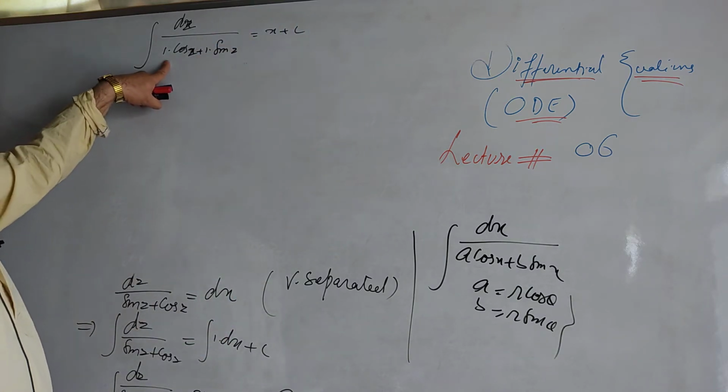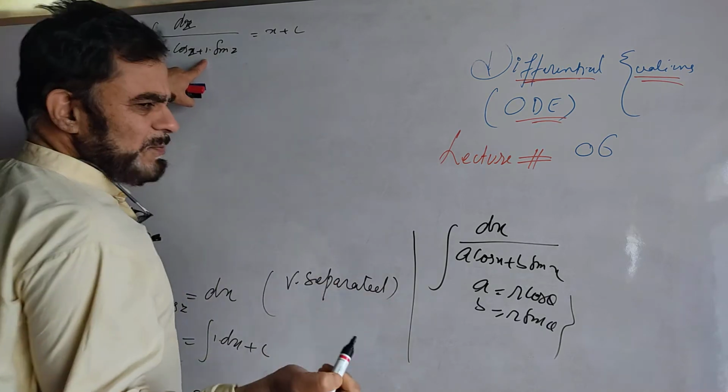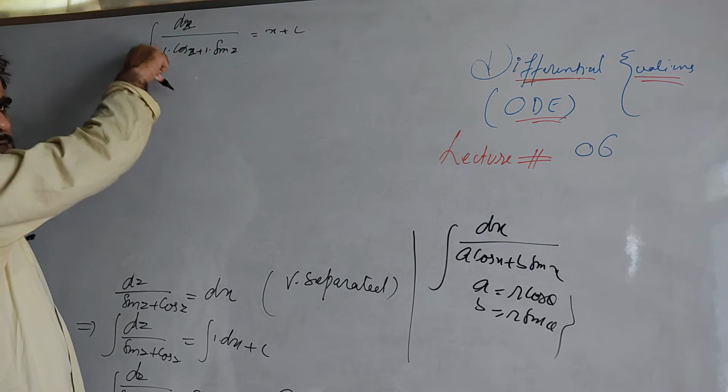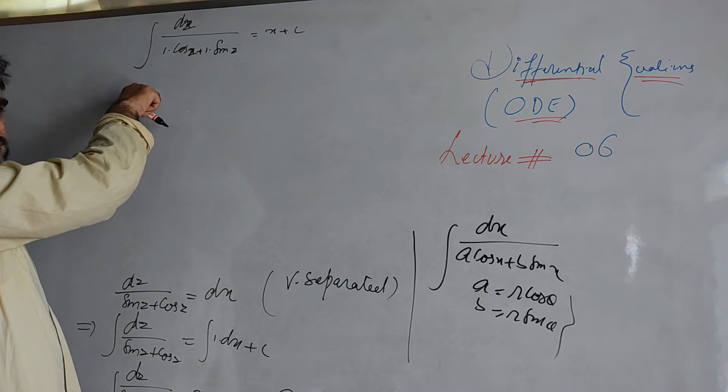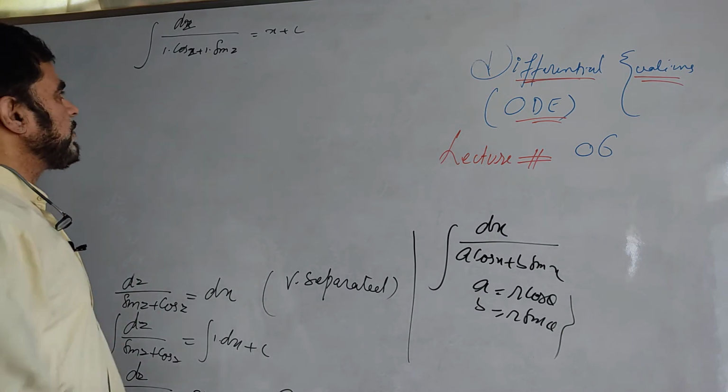You have this one, it is your a, this is your b. It is as per your choice, or there is one more way. Since the coefficients of cos and sine are the same, I can put root 2 divided by 1 by root 2, because the angle which has the same value, sine 45 cos 45. This way you can also do.